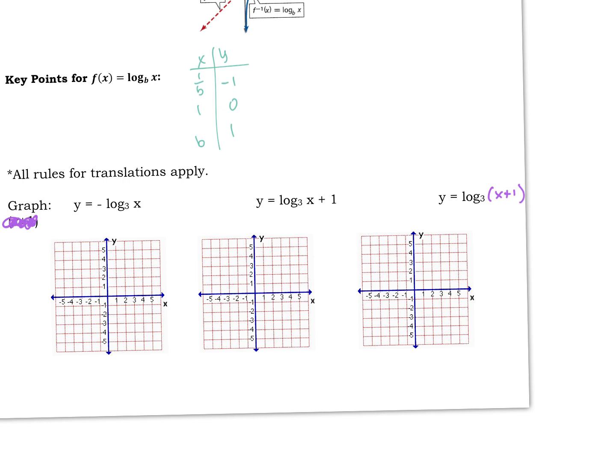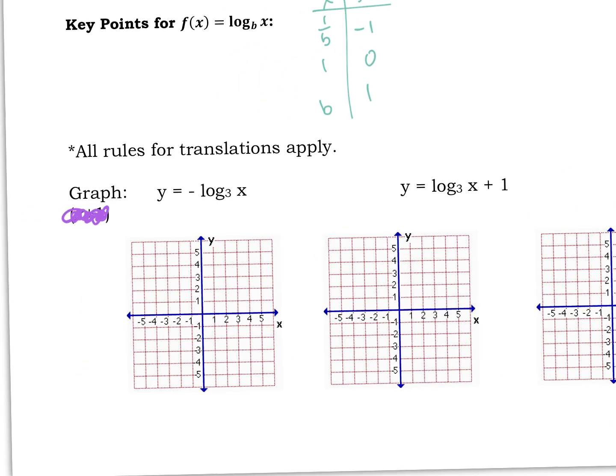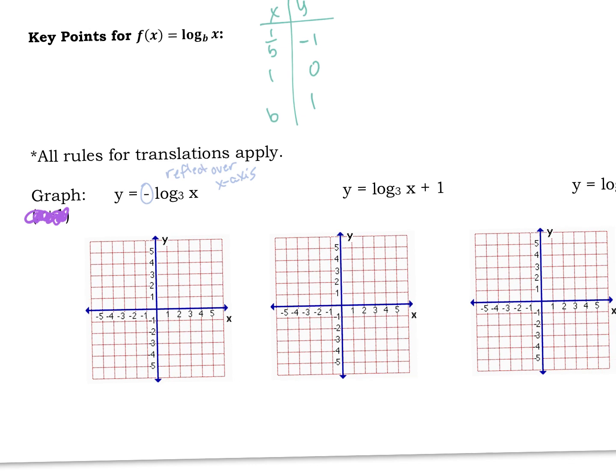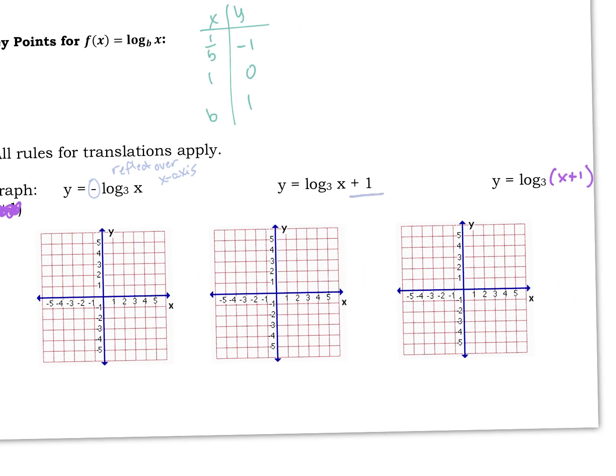So what's changing here in that first graph? What does the negative out front tell us is going to happen? Reflection over the x-axis. Good, Landon. So reflect over x-axis. What is this change telling us is happening, Ava? A plus 1 at the end like that, what does that do?